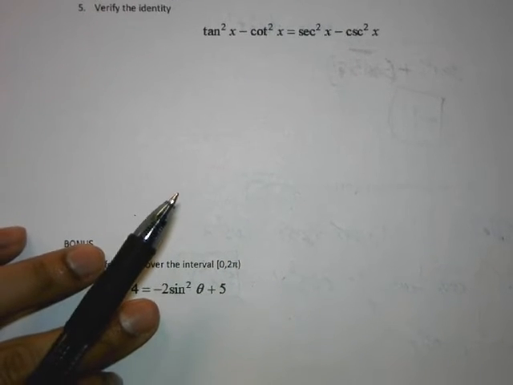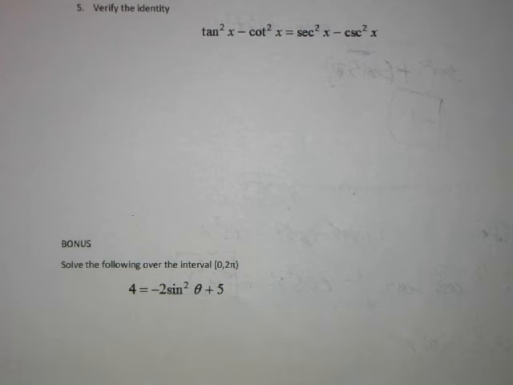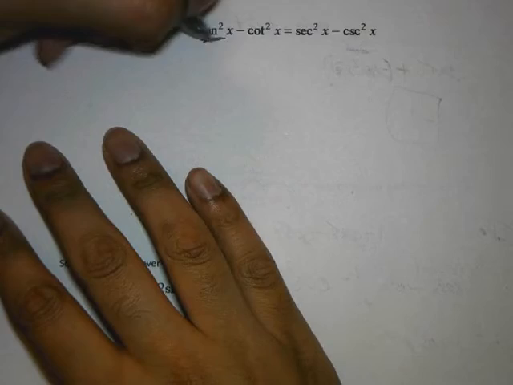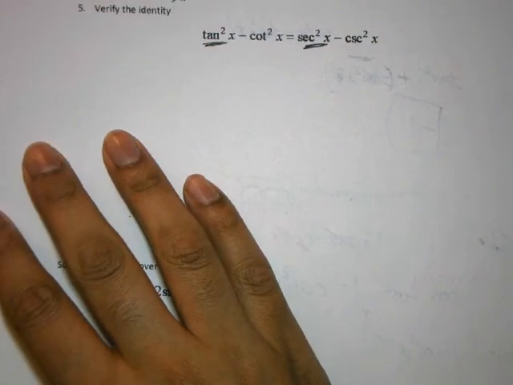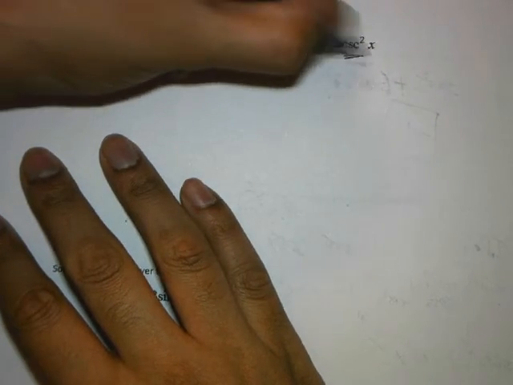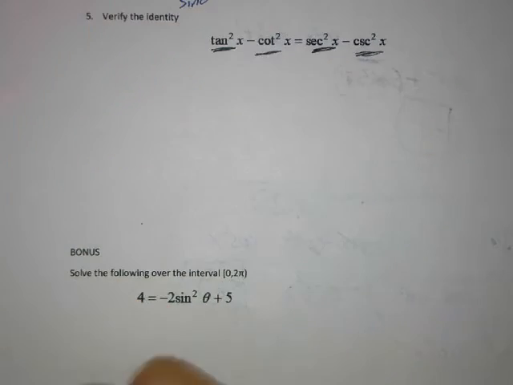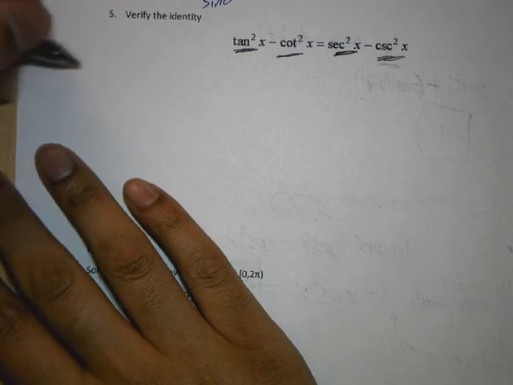All right, we've got one more verifying. Again, it's an identity, so you can start from anywhere, as long as you realize tangent and secant are going to go together, and cotangent and cosecant are going to go together. So again, we're going to use the trig identities to replace these.